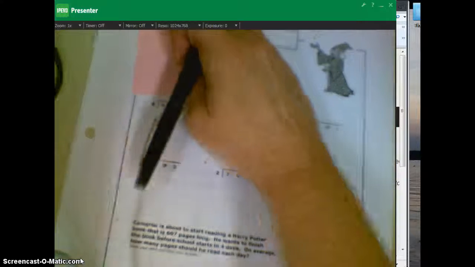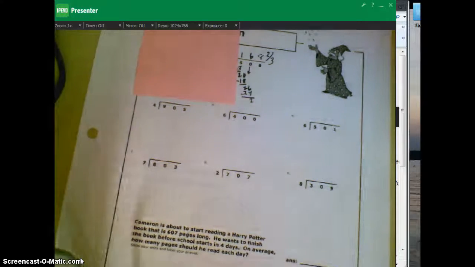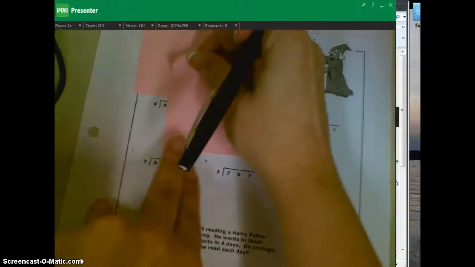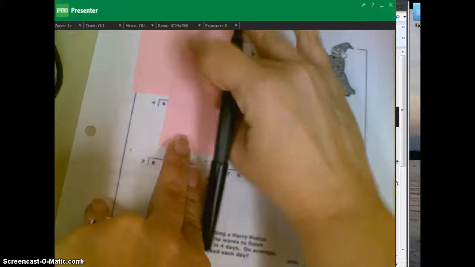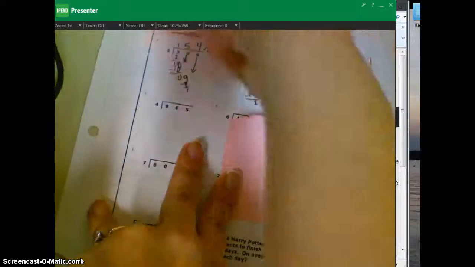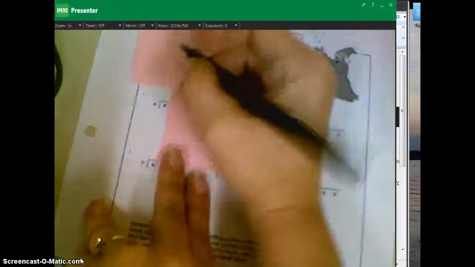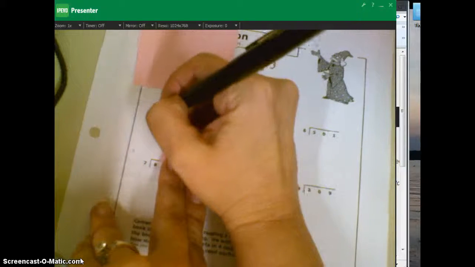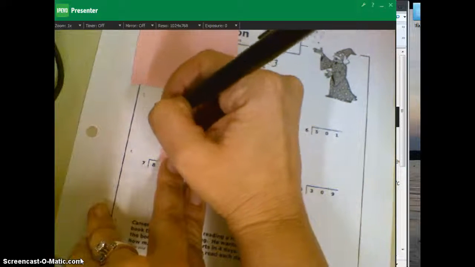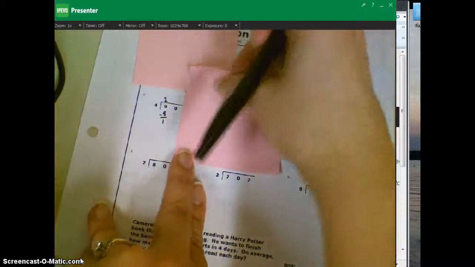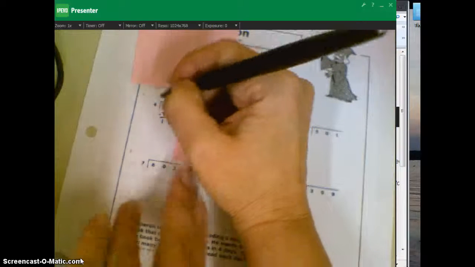Down here, we've got 905 divided by 4. 9 goes into 4. I think I need to move this up a bit. 2 times, and then we get 8. 4 times 2 is 8. Subtract and you get 1. Bring down your next digit, 0.